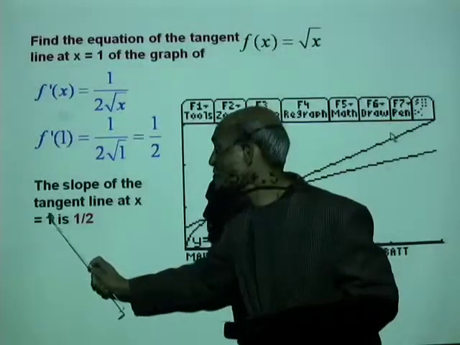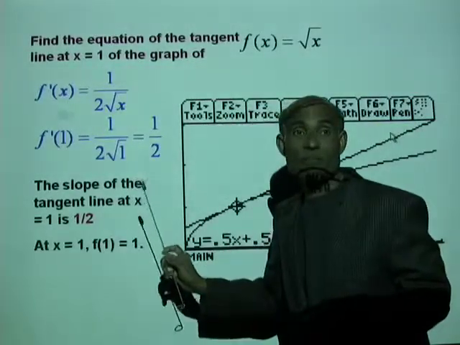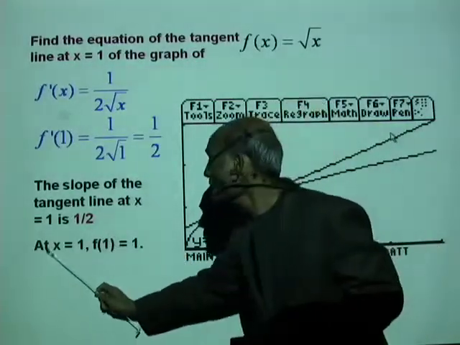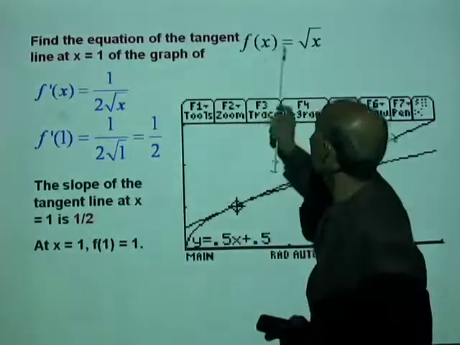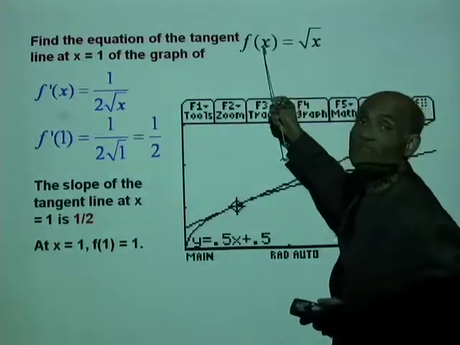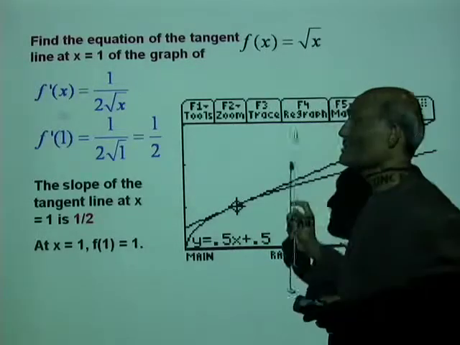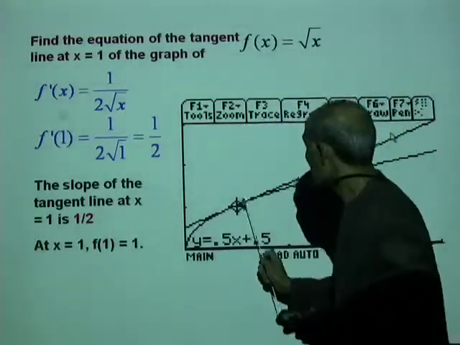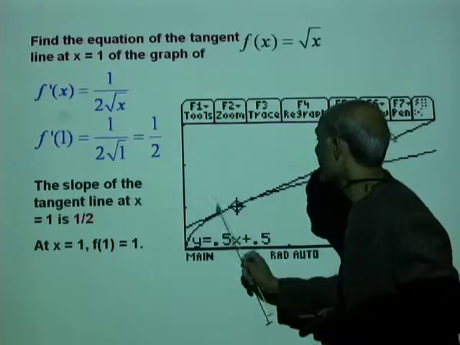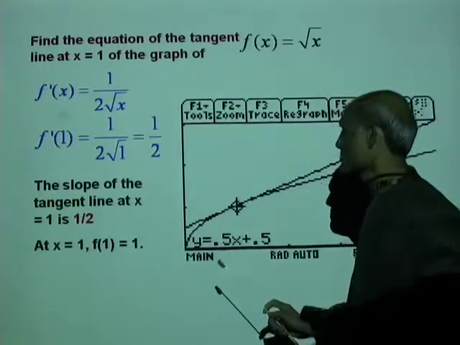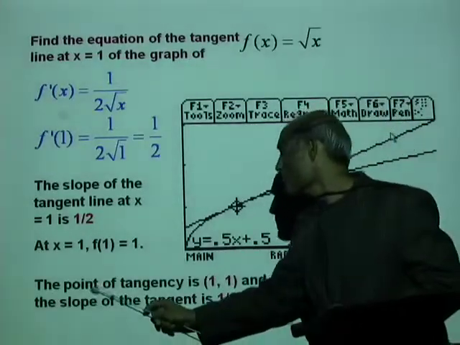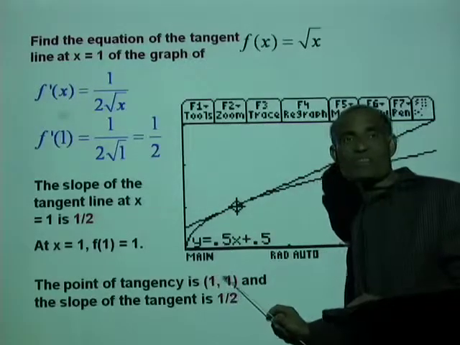So the slope of the tangent line is 1/2, and the point is x equal to 1. When x equal to 1, what is the value of the output y? f of 1 equal to 1. That means this point is x equal to 1, y equal to 1. That's right. So the point of tangency is (1, 1).